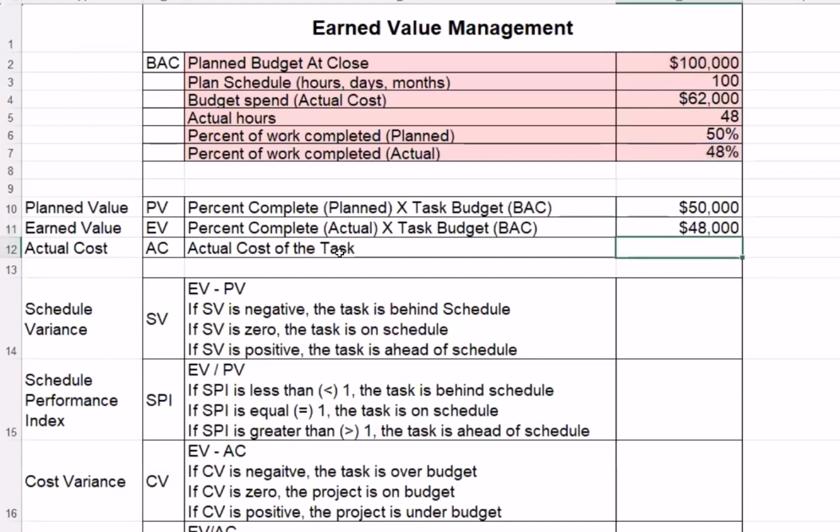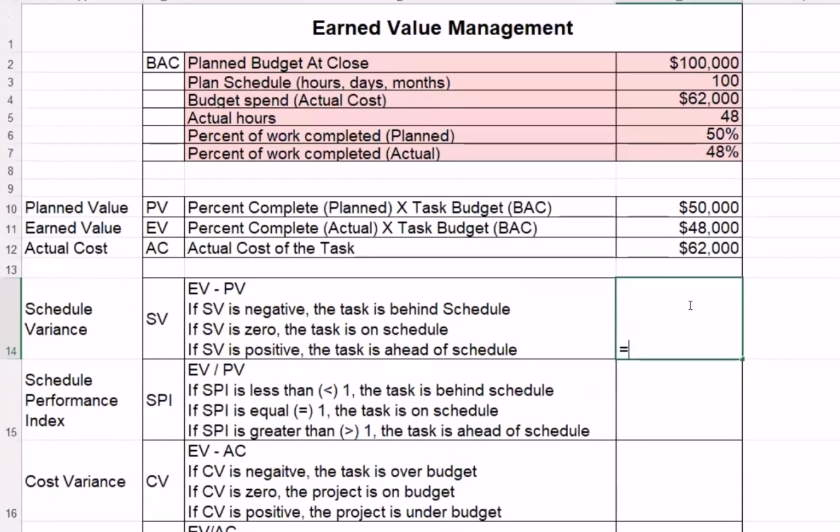AC is the actual cost of the task, which is our 62,000. Okay, so now we have our PV, EV, and AC. We had planned to complete $50,000 worth of work. We actually only completed $48,000 of work, but it cost us $62,000 to complete it.